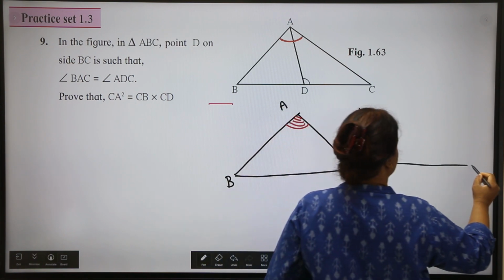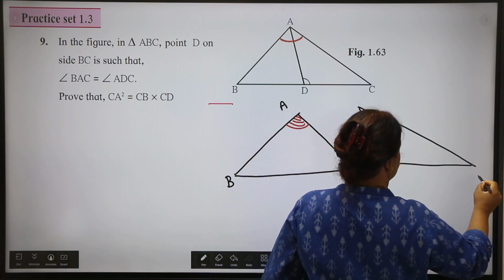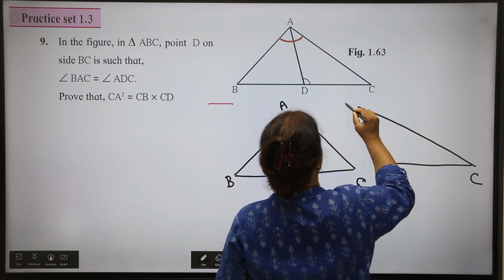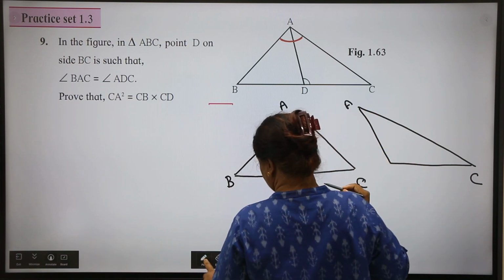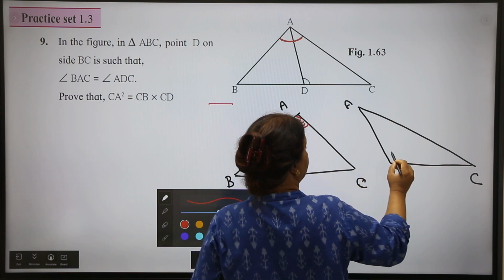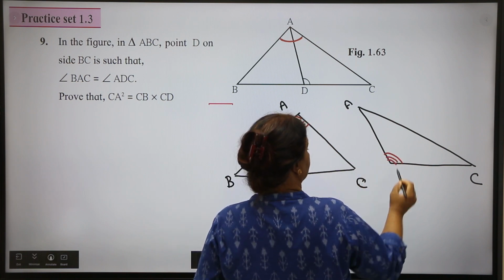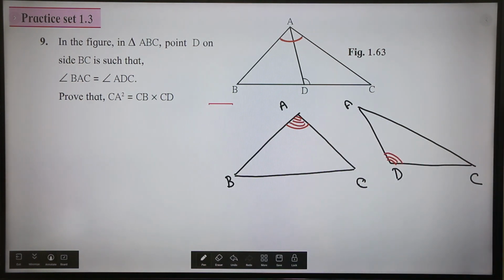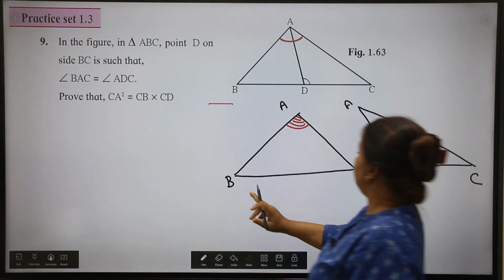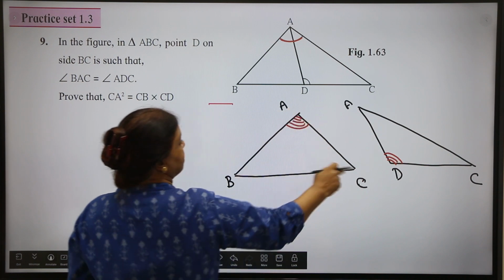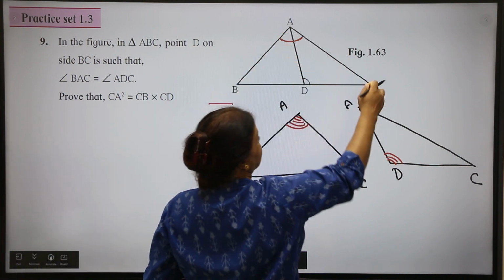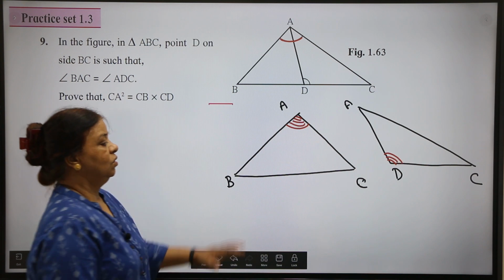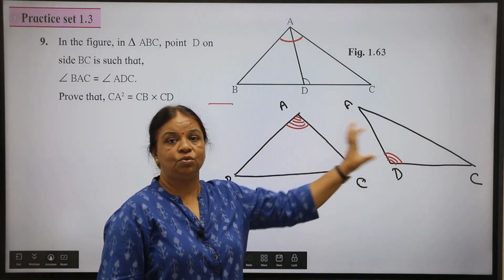A, D, C. Now this is triangle ABC and this is triangle ADC. What similarity can you find here?